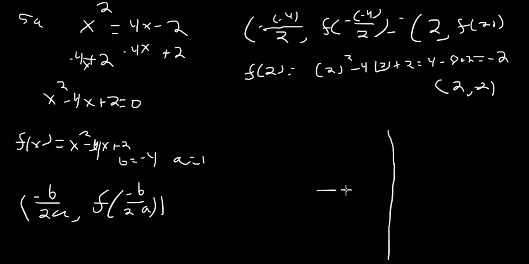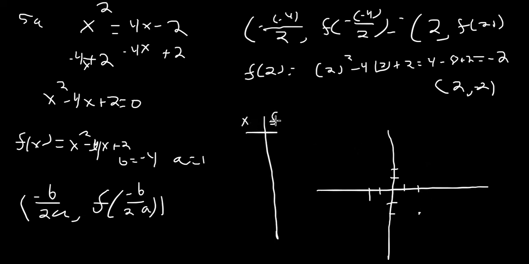So let's just draw a rough sketch of a graph. So 2, negative 2 is right here. Now let's make a table centered at 2, negative 2. So the x value is 2. Let's see what happens when x equals 1. F of 1 is equal to 1 squared minus 4 times 1 plus 2, which is 1 minus 4 plus 2, so negative 4 plus 2 is negative 2, plus 1 is negative 1, so 1, negative 1.